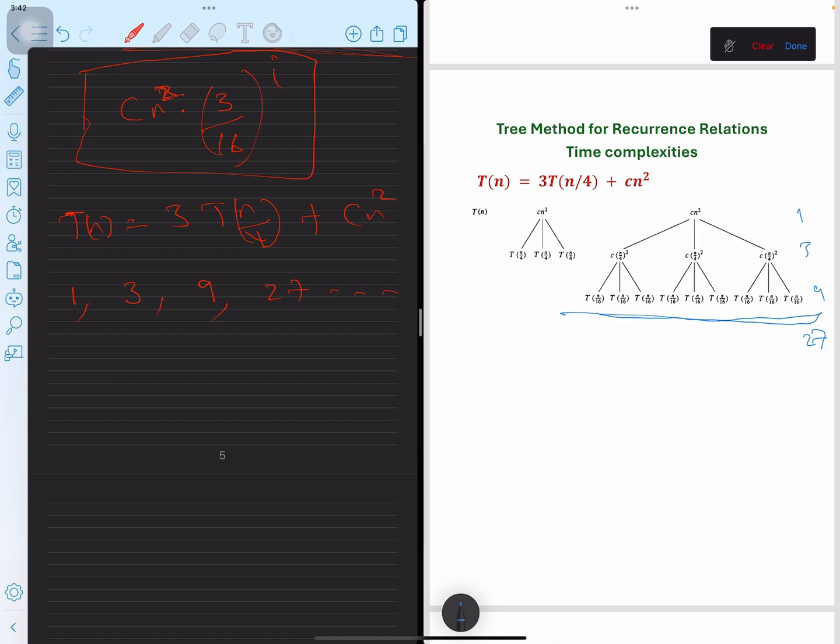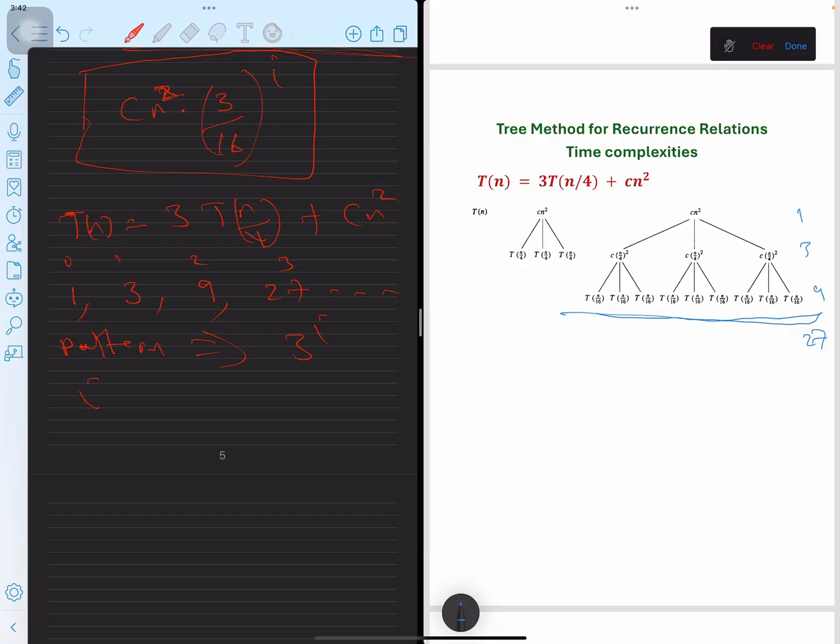And the pattern for this now is going to be 3 to the power of I. Because if this is 0, 1, 2, 3, until you get to your base case, and this index is like I, then I can say 3 to the power of I will give me the total number of solved problems at any of the levels, right? So long as I know what I is.